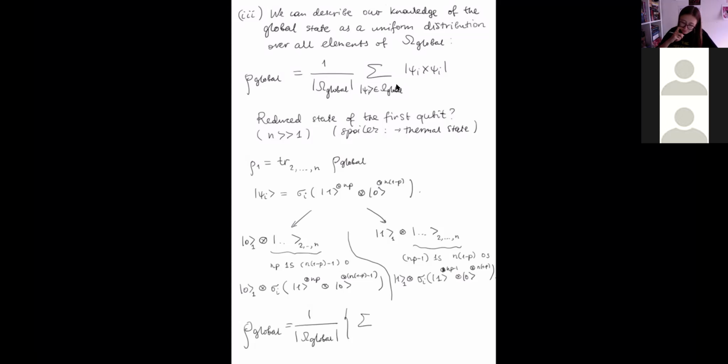So first we sum over states which start with 0 for system 1, which leaves us with the sum over i of 0, 0 on system 1 by permutation number i.